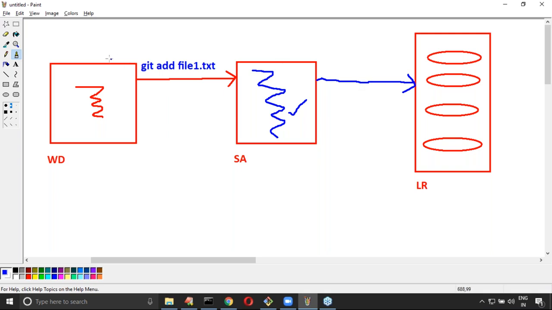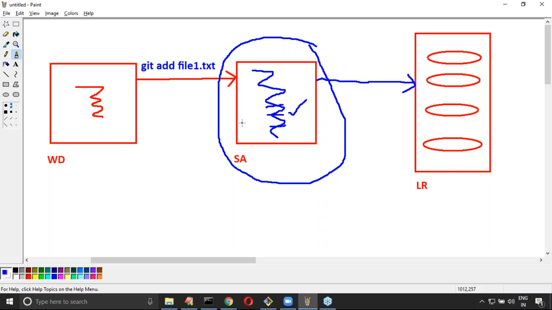So the first utility of git reset command is: whatever changes I added to staging area, can you please discard these changes? Actually by mistake I added to staging area. Still some more modifications I require to do. I don't want to commit.